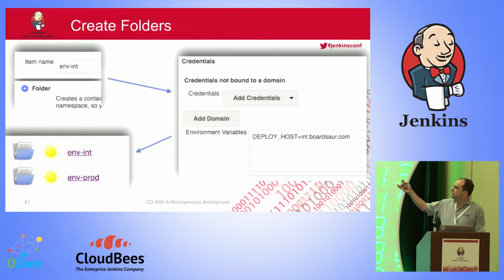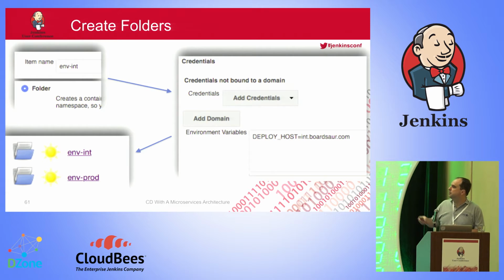So with the folders plugin, I could create a folder. Here I'm calling it invent. And you can do things like assign credentials to that environment, or set some environment variable that you're going to use in the deployment process that's specific to that environment.